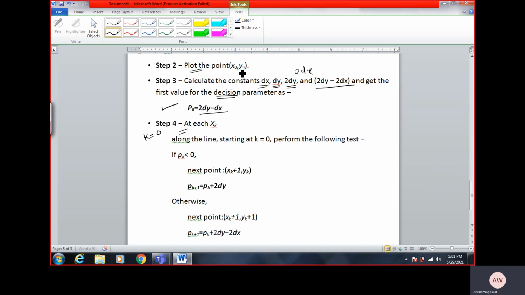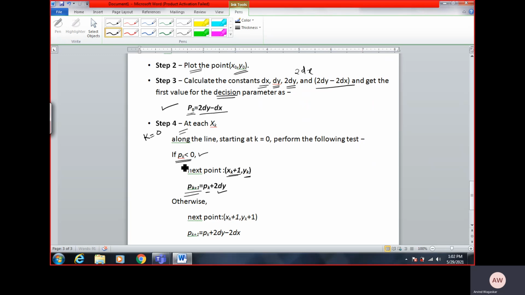So the initial value of x0, y0 we have already calculated. Then we have to check whether the starting value of the decision parameter is less than 0. If it is less than 0, the next point is you just increase x, y will remain as it is. Also you have to update the decision parameter. The formula is previous decision parameter plus twice delta y.